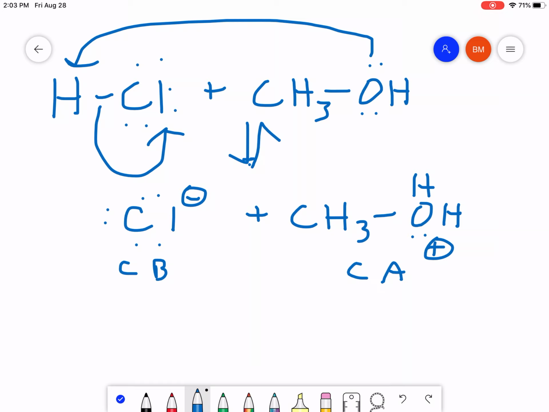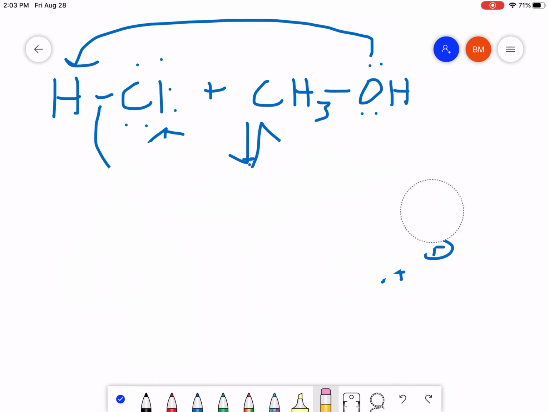Now, one thing that you may be asking yourselves, though, is how do I know initially which one's going to be the acid and which one's going to be the base? Right? Well, there's a couple of different ways you can go about that. For example, in this one you see HCl, well, it's got an H. CH3OH, well, it's got several H's.